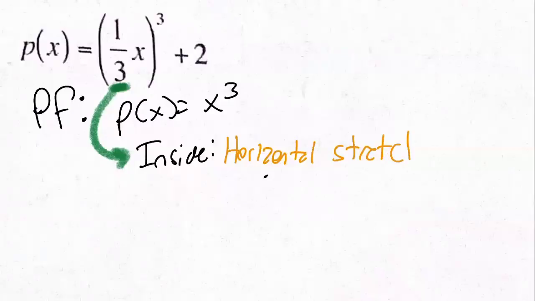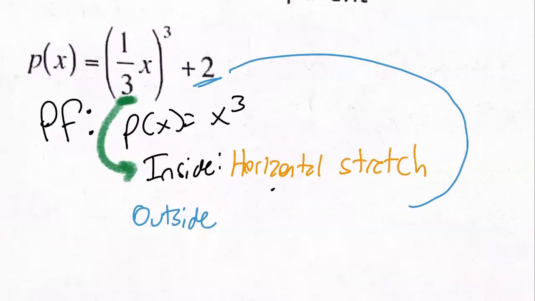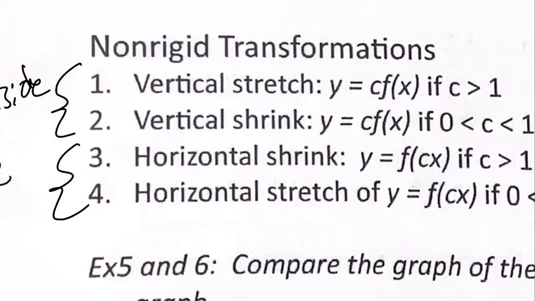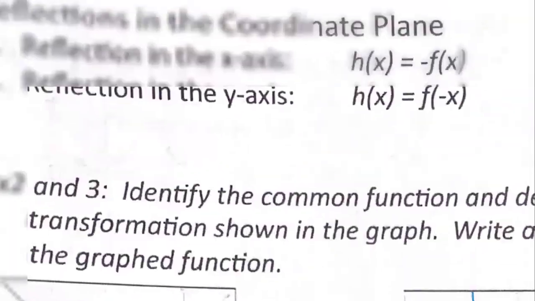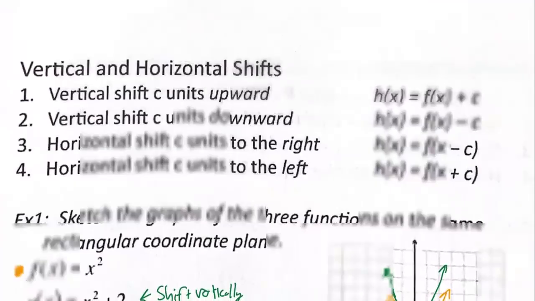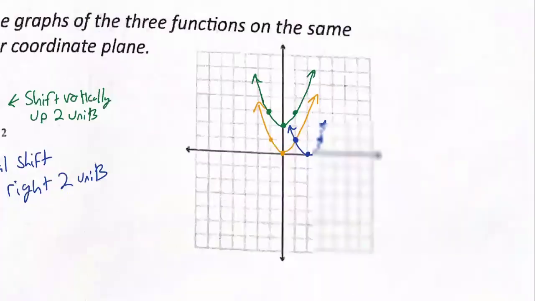This +2 is on the outside of my function. So I'm going to look on the outside, and it's not these ones. It's not that one either. We're right here. If it's on the outside and it's positive, I'm going to have a vertical shift up that many units.